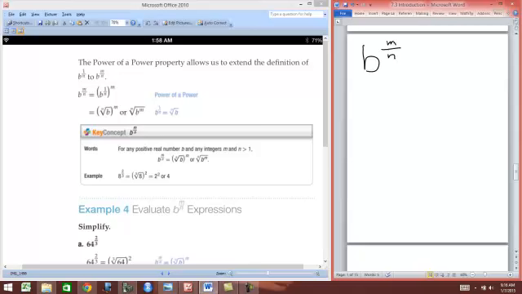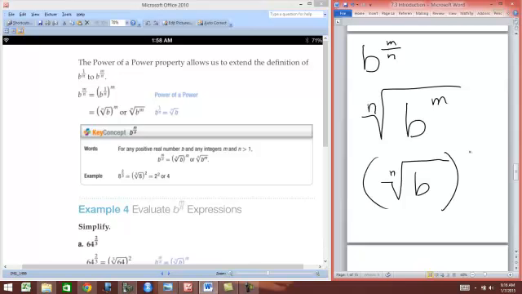The numerator is the power and n is the root. So you could rewrite this as b raised to the power of m taken to the nth root. You could also write it in this form. These are mathematically equivalent. These two things equal each other. It doesn't make any difference.